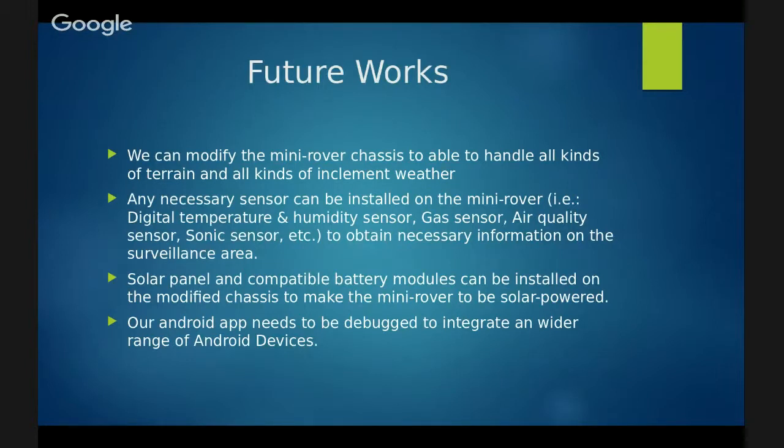That is, we can add a digital temperature and humidity sensor, a gas sensor, an air quality sensor, or a sonic sensor for measuring distance to obtain the necessary information. And the third point is that we can add a solar panel and compatible battery modules on the modified rover chassis, so that it can be solar powered and self-sufficient.